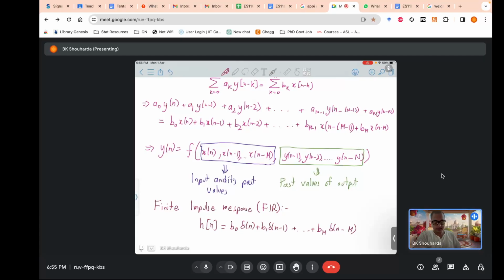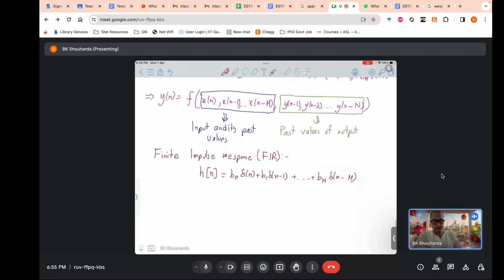So the impulse response has a finite number of non-zero values.